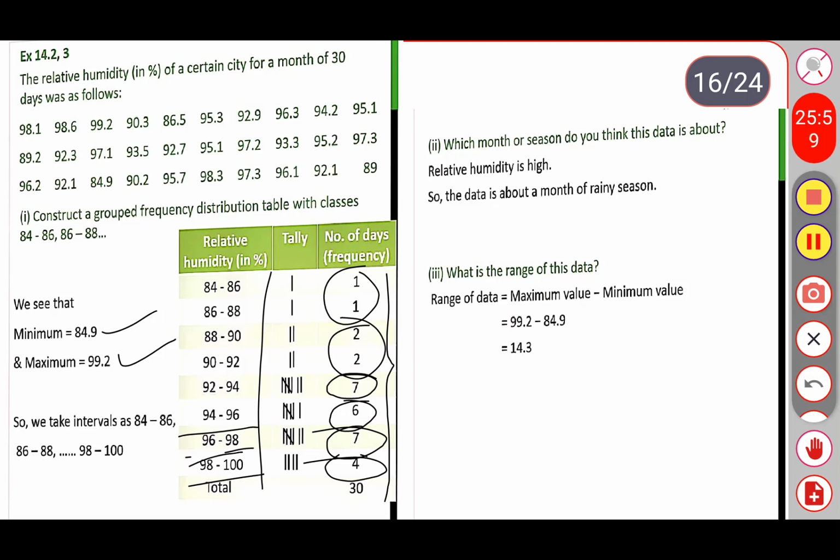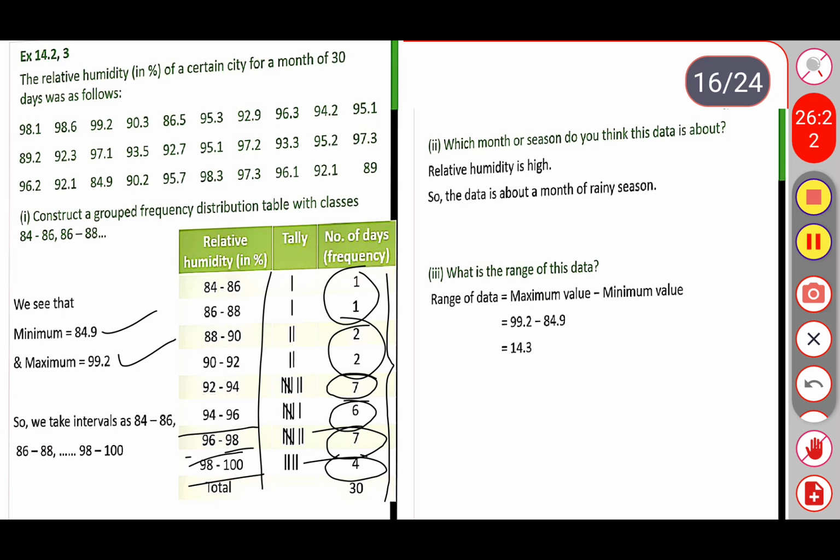And the second one: what is the range of this data? How are we going to calculate the range? Range indicates the expanding nature of the data, how much the data is spread.